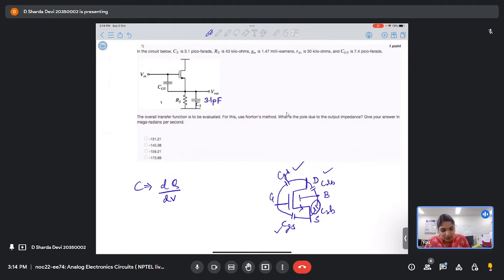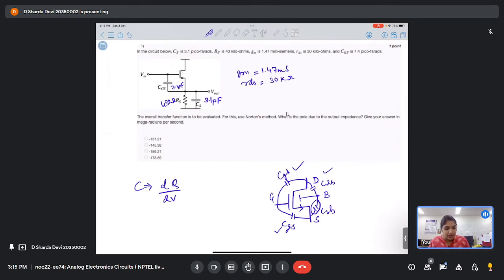RS is 43 kilo ohms. GM is 1.47 millisiemens. And RDS is 30 kilo ohms. CGS is 7.4 picofarad.